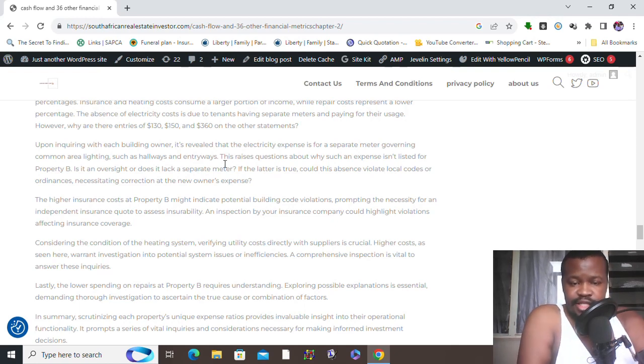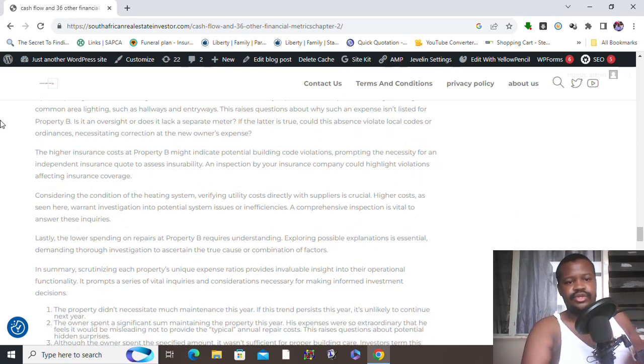If the latter is true, could this expense violate local codes or ordinances, necessitating correction at the new owner's expense? The higher insurance costs at Property B might indicate potential building code violations, prompting the necessity for an independent insurance court to assess insurability.